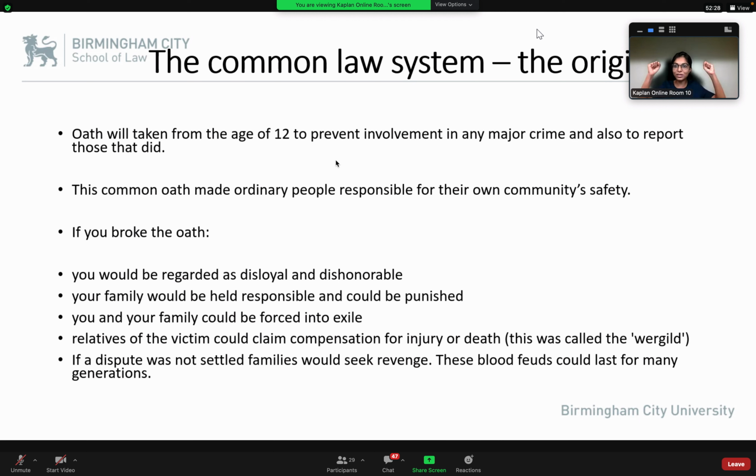So these two families will be rivals for donkey years. Like watching movies, right? That's the Anglo-Saxon society, just based on human emotions. Can we blame them? No. That's mankind at that time.